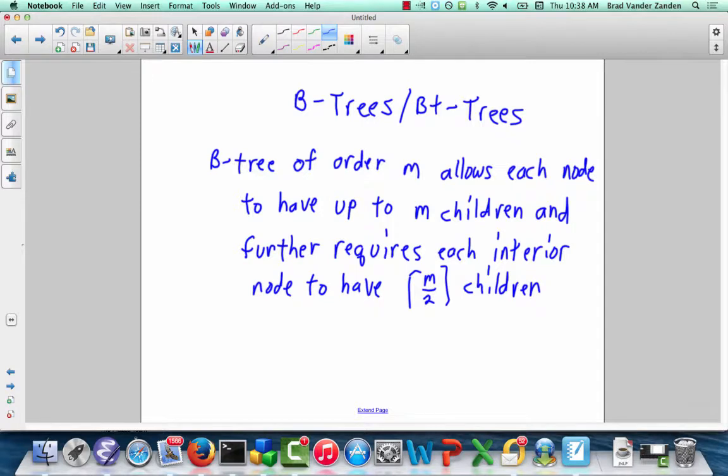So there's also a lower bound on the number of children. That's the ceiling function here. So if m is 5, you're required to have 3 children.